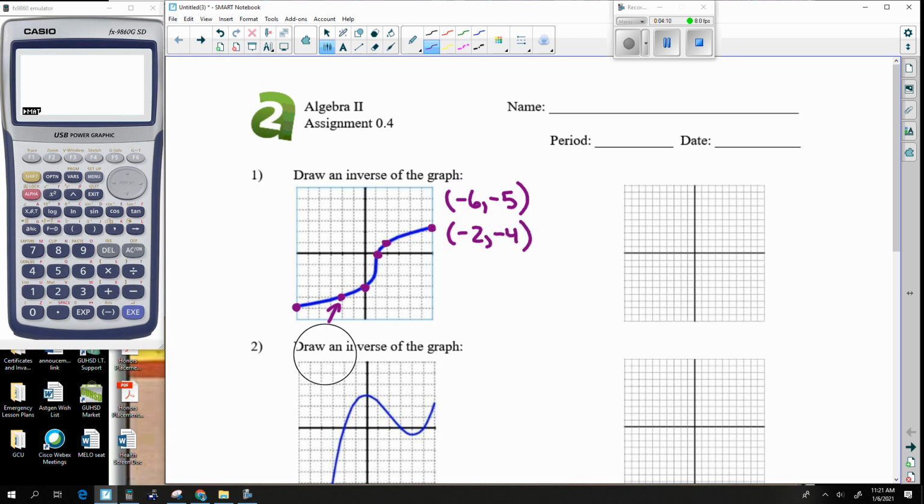The next point from left to right is the y-intercept, which is at 0, negative 3. The point after that is at 1, 0. After that, the point at 2, 1. And last but not least, that dot right there, approximately 6, 2.